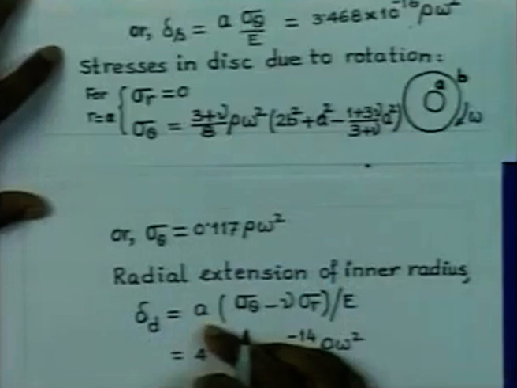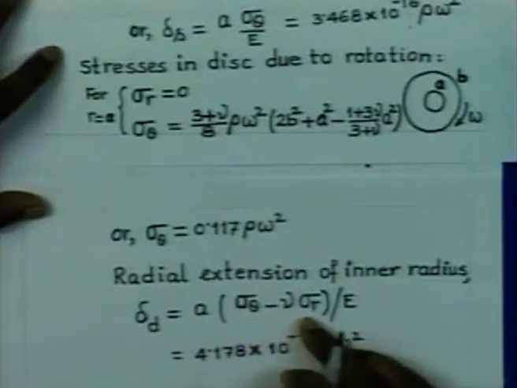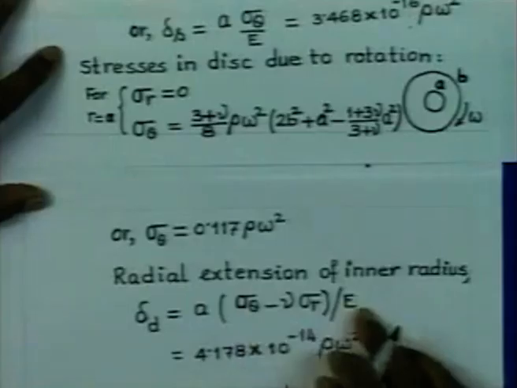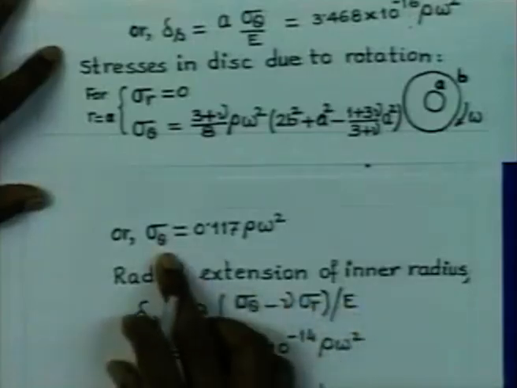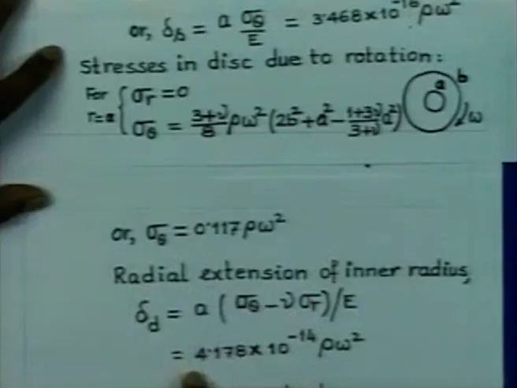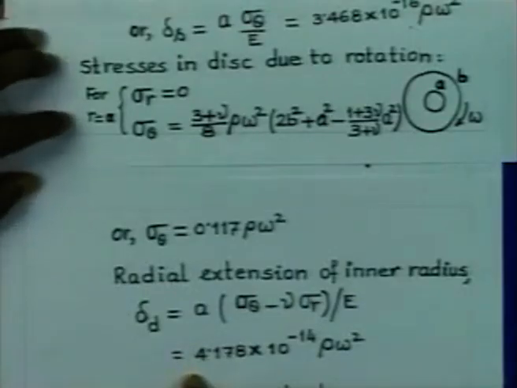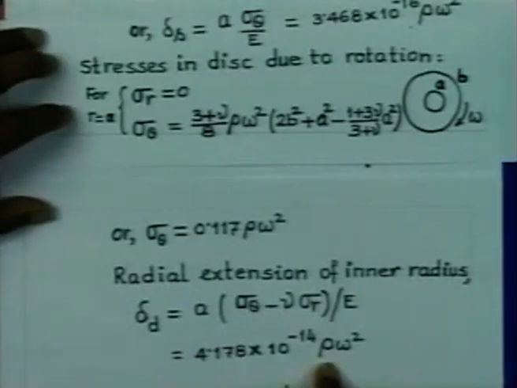and that is equal to A into the hoop strain, which is sigma theta minus nu sigma r by E. If we consider the value of sigma theta and also make use of this substitution, then it is 4.178 10 to the power minus 14 rho omega square.